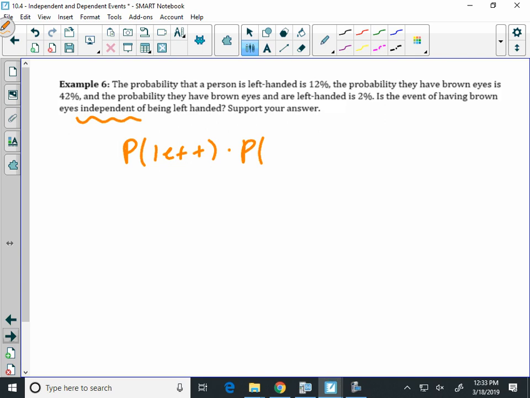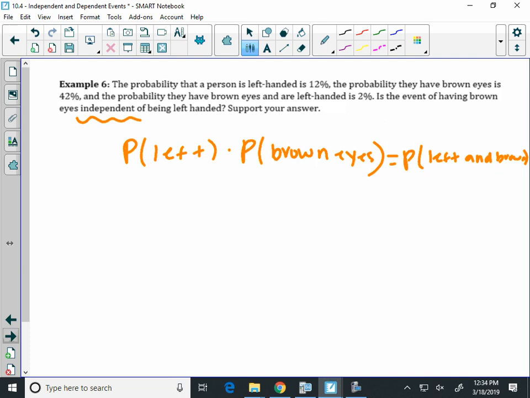Brown eyes, right? We're trying to see if being left-handed has anything to do with whether or not you have brown eyes. So we're going to multiply those two probabilities together and see if it's equal to being left-handed and having brown eyes.